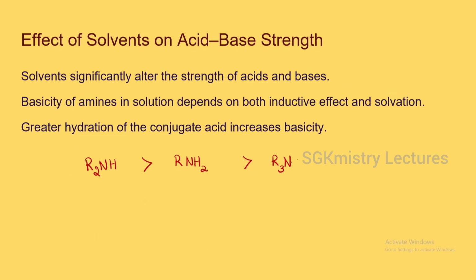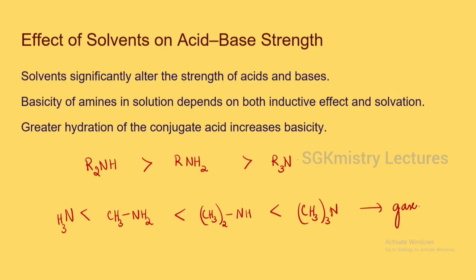This is mainly because of the solvation of the amines in water. Suppose we consider the gaseous state, then this is the order: NH3 is less basic than CH3NH2, which is less basic than (CH3)2NH, which is less basic than the tertiary amine.